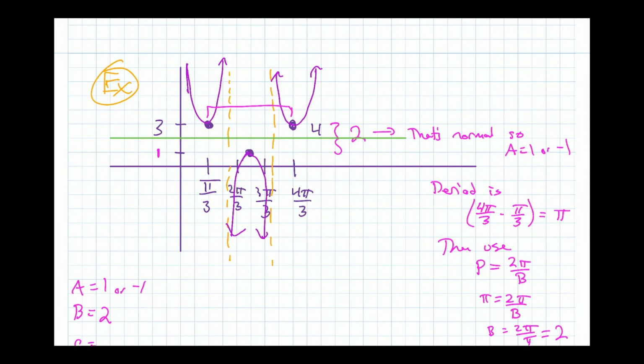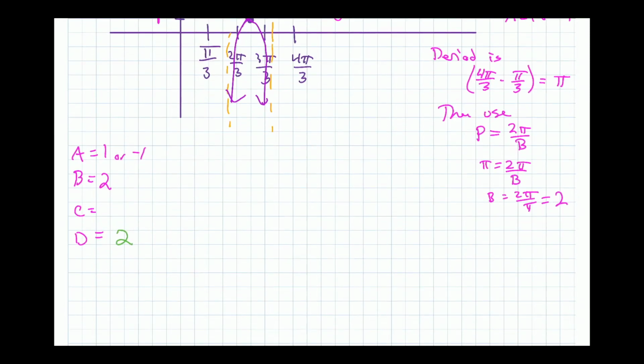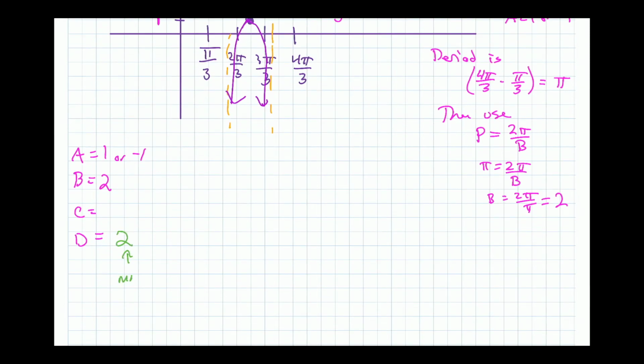always draw it, in the middle. So that's y equals 2, right? So if that's y equals 2, this has been moved up by 2. So the d is also 2, all right? Y equals 2. Normally it's 0.